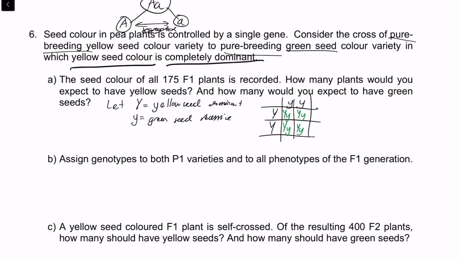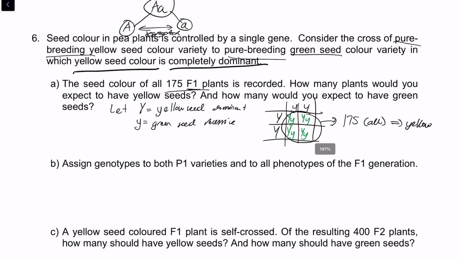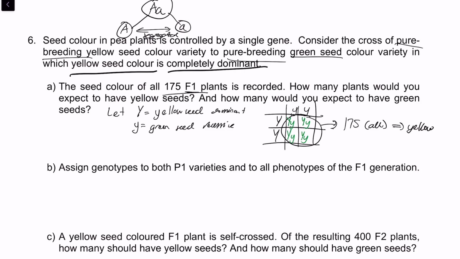But in terms of the phenotypes of the F1 generation, right? We know that if there's 175 F1 plants, then that means that out of these 4 possible combinations, 175, all will be yellow, because yellow is the dominant trait and there is a capital Y present in all of these possible combinations, and that leaves 0 green.